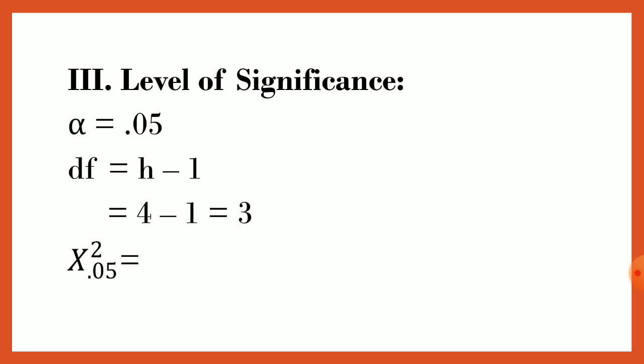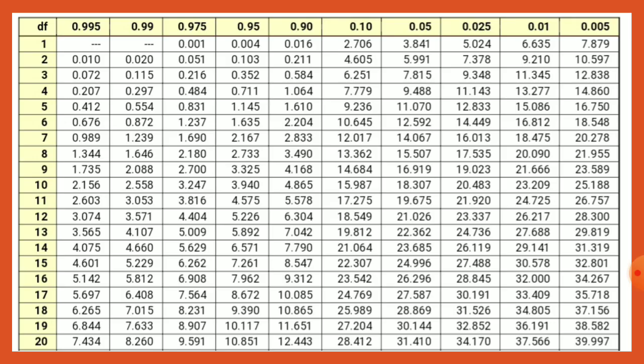And for the tabular value, that is chi-squared at 0.05. So, we'll be using the chi-squared table. As we can see on the table, on the leftmost part, we have the degrees of freedom, and then on the upper row, we have the levels of significance.